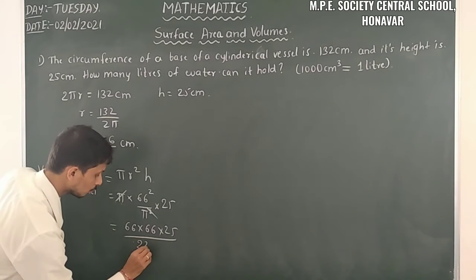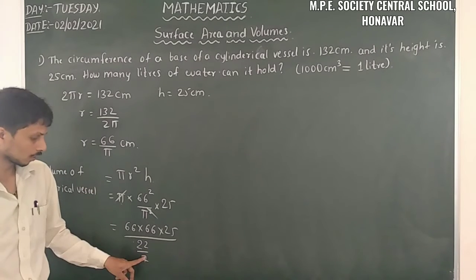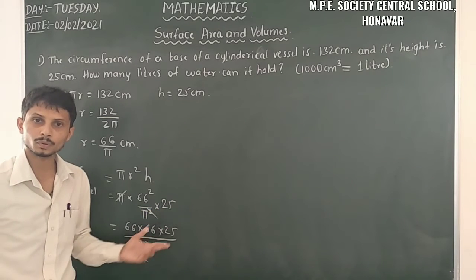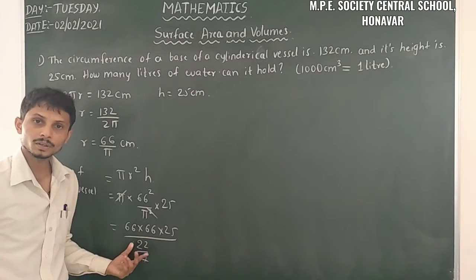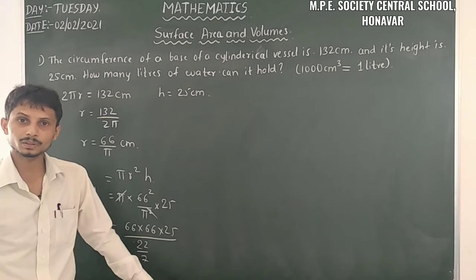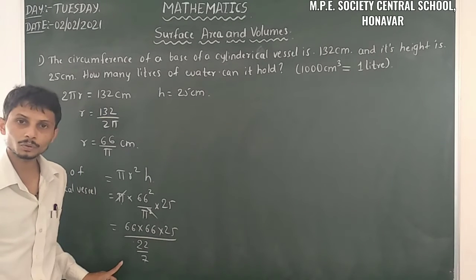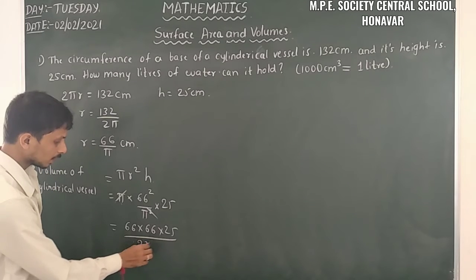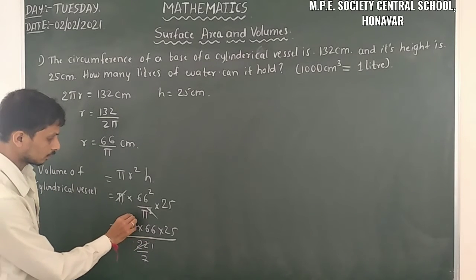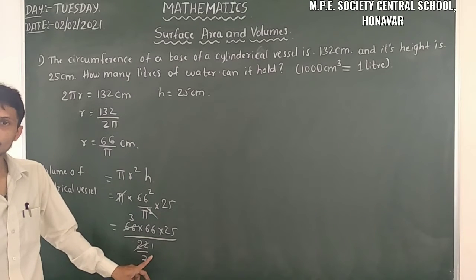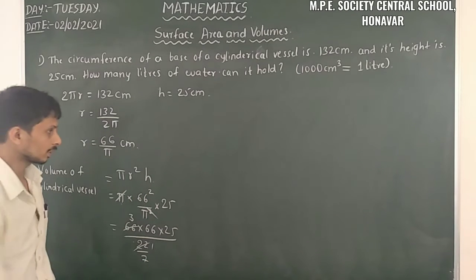When we convert this division into multiplication form, we multiply by 7 by 22. So 22 remains in the denominator and 7 goes to the numerator. And here just observe, I will cancel 22 into 1 and 22 into 3, and the denominator part is 1 only, and 7 goes to the numerator.